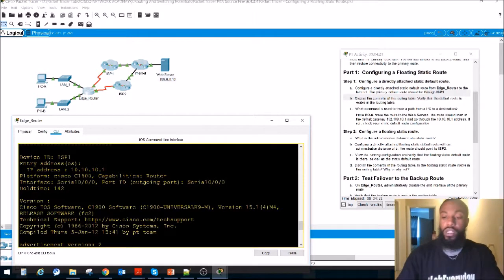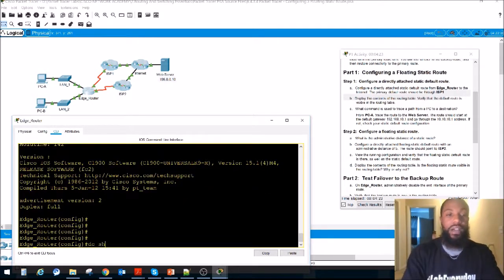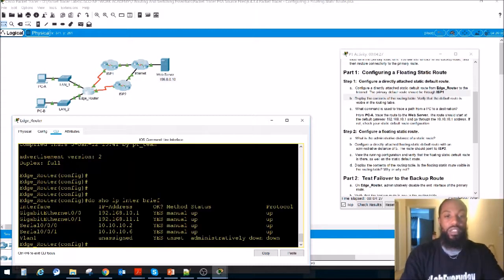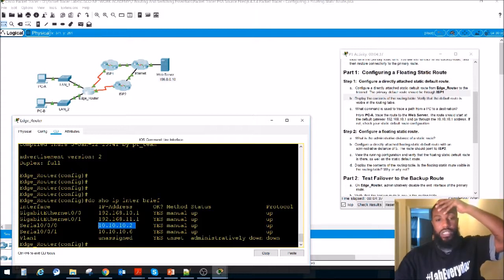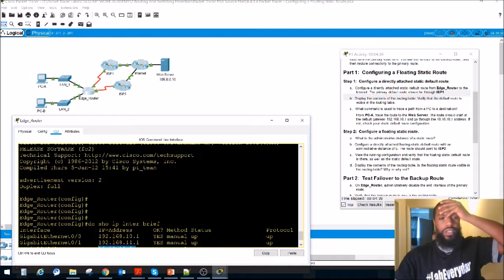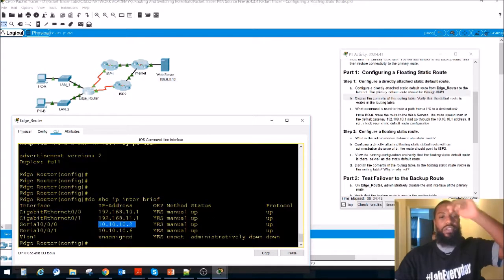Let's also take a look at our interfaces here. Show ip interface brief. We said 10.10.10.1, right? So this is most likely a /30 interface. So that's most likely the exit interface.